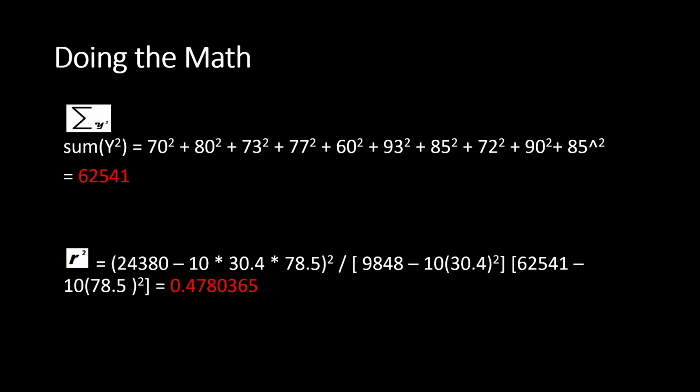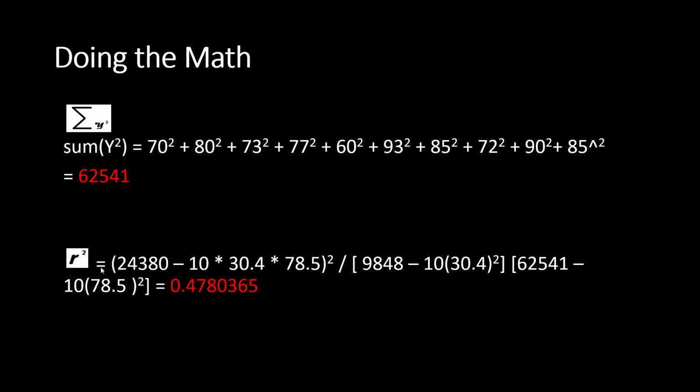So here is how that math is completed. We have the sum of y squares, and that is sigma y squared. And that's just the value of each y observation squared and summed.